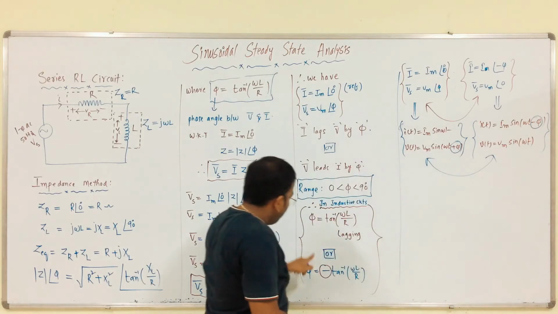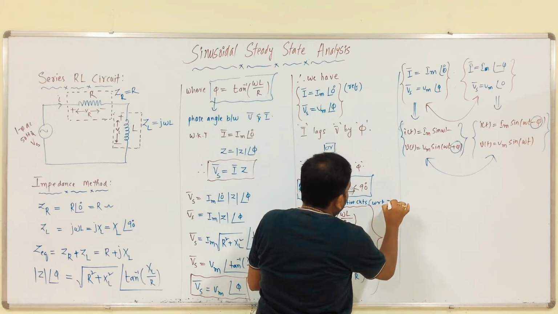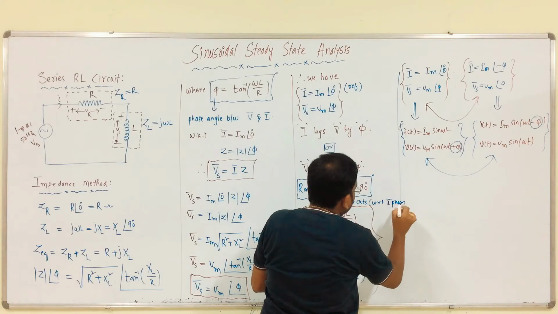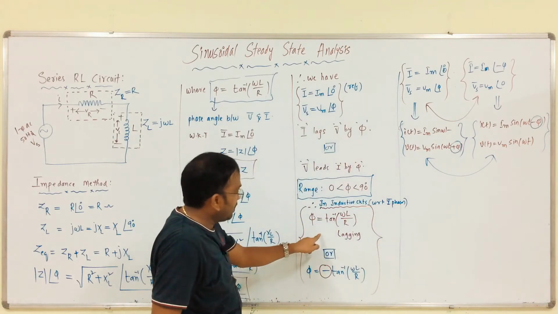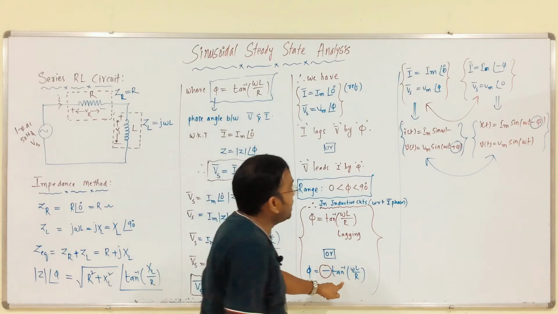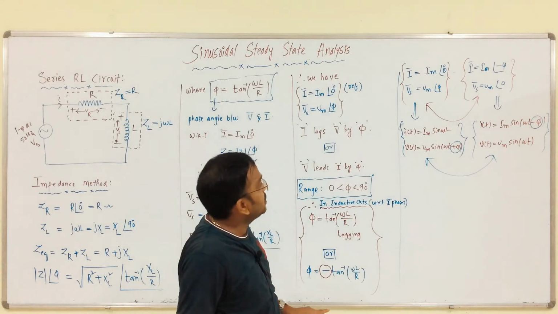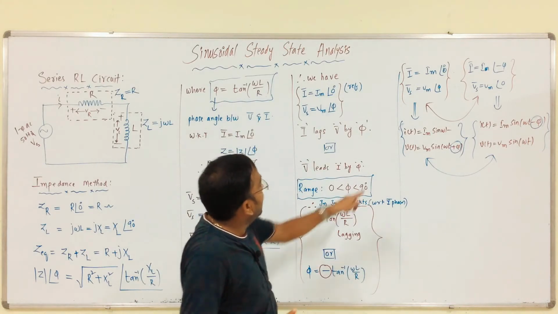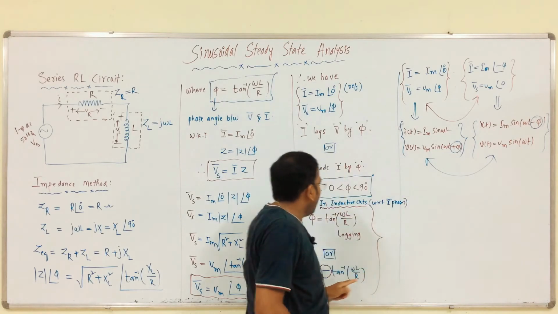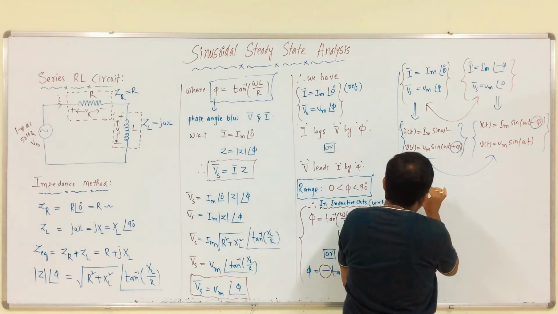That is why in an inductive circuit, with respect to the current phasor, we say lagging, tan inverse omega L by R lagging, or minus tan inverse omega L by R. Okay, there is no confusion at all. To avoid confusion, I am considering these two sets of examples. This is about the impedance method. Now we have to draw the impedance triangle.